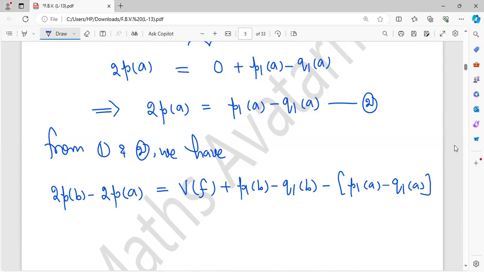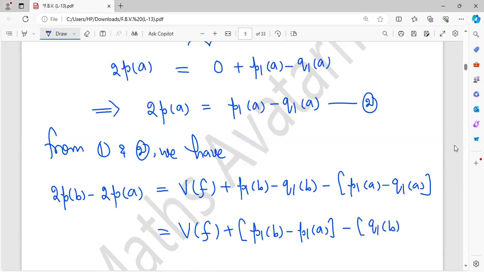So I can write it as P1(b) minus P1(a) minus Q1(b) minus Q1(a).